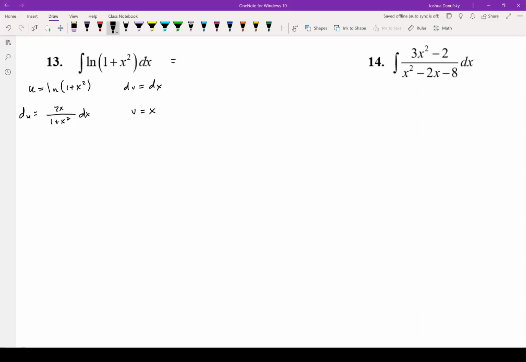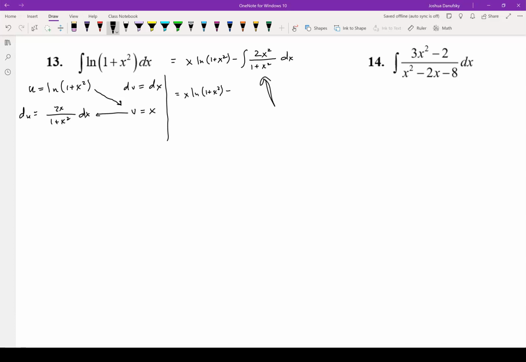So this integral is going to become uv, which gives us x ln of 1 plus x squared, minus the integral of what we get multiplying this way, which gives us 2x squared over 1 plus x squared dx.